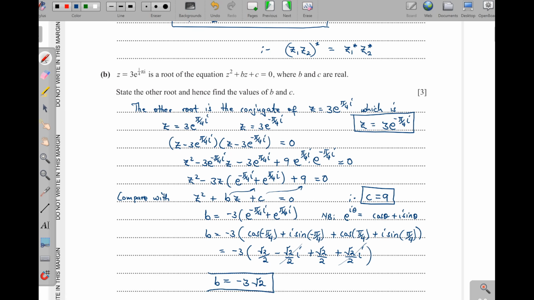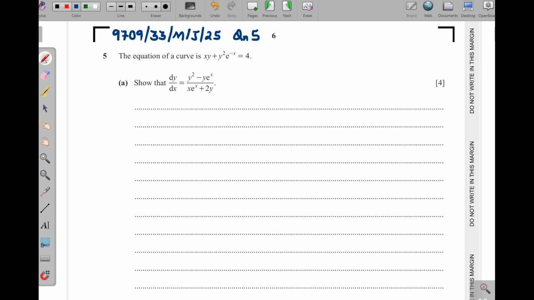As simple as that. Question 5 is coming from differentiation. They are saying the equation of the curve is this one here. Show that dy/dx is this. Now here we are supposed to differentiate. This is a product of two functions. Y here is not expressed in terms of x, so this is an implicit function.